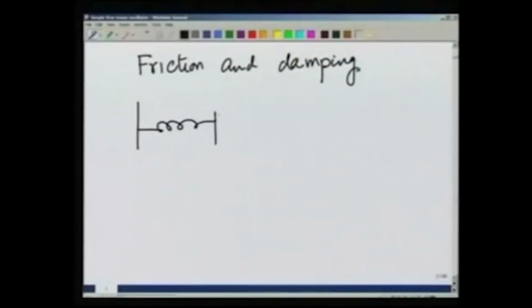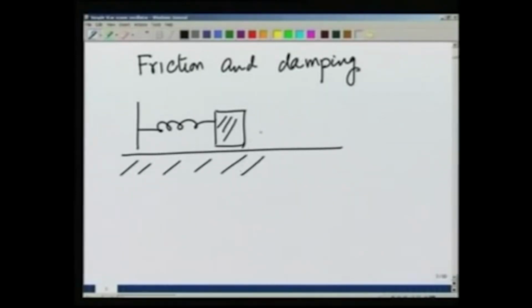So, let us see what happens when I take the system and let there be a frictional force on the block, called the magnitude of the frictional force F. Obviously, we know from experience, as the block goes back and forth, it is going to lose energy due to this frictional force and finally come to rest. How does that happen? Let us see that.